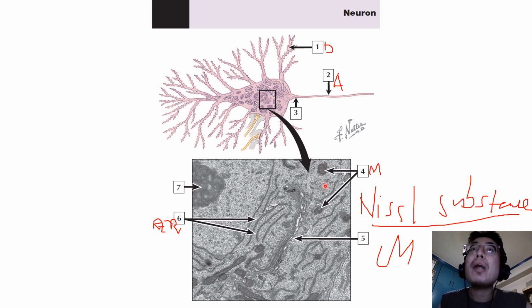These are the mitochondria. 5 here is the Golgi complex, which is composed of multiple stacks. 6 is the cisternal rough endoplasmic reticulum, with the free ribosomes interspersed between the cisternae. And 7 here is a nucleolus.